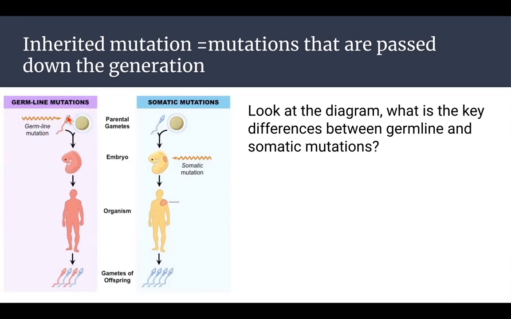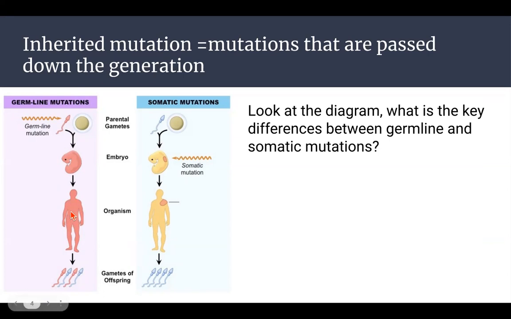That means the mutation actually came from the father's side. Now, if these two gametes, gamete is a word for egg and sperm, fuse together and make one cell, and then that cell divides into many cells and creates the human being, that means every single cell in the human is going to carry that genetic mutation.